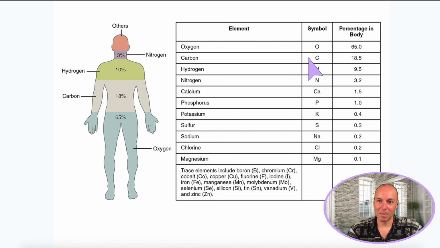The next comes carbon, about 18%, and then hydrogen, and then nitrogen, and then the other major minerals and trace elements occupy that remaining 4%. Okay, so here are the 7 major minerals as they are listed in decreasing quantities by percentage mass in the human body, and then the trace elements are less than 1% of the human body.